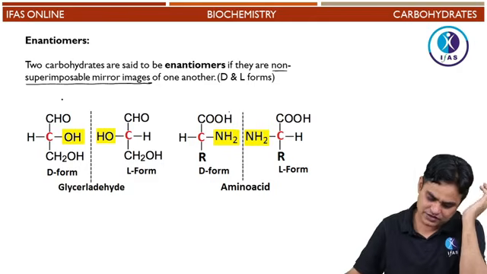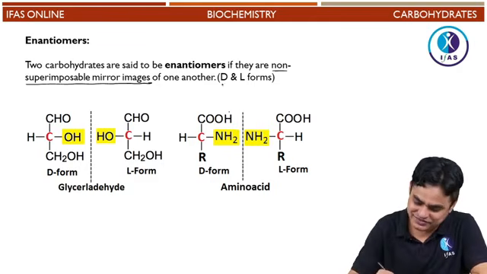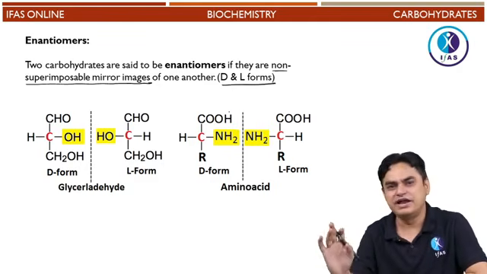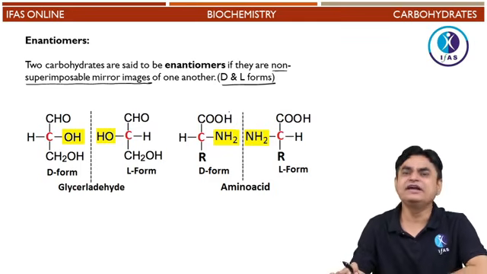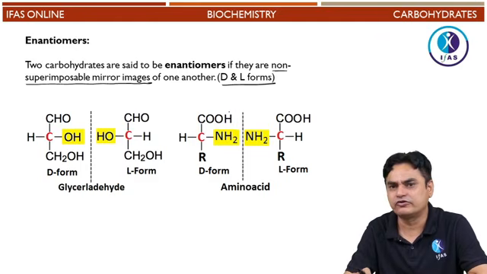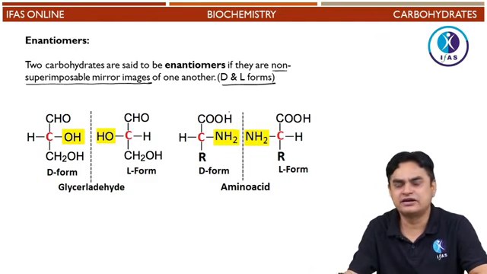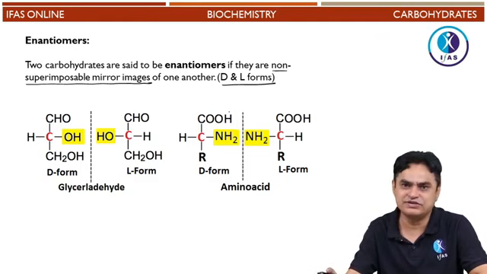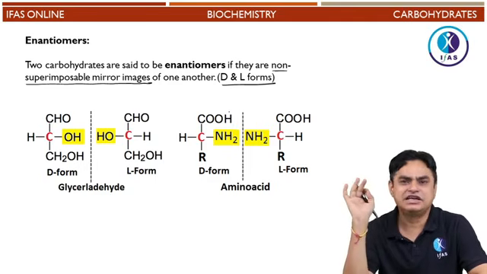Mirror images are designated as D form and L form. Again, D form and L form have nothing to do with optical rotation. D form doesn't mean dextrorotatory, and L form doesn't mean levorotatory. It is simply a designation.